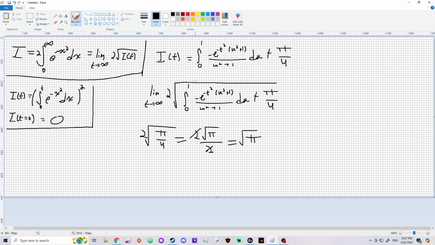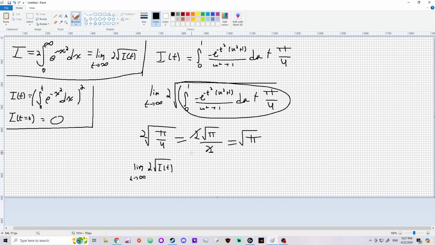And what is all this jargon? Well, we've essentially written the limit as t goes to infinity of 2 times the square root of I of t. I of t is all of this.